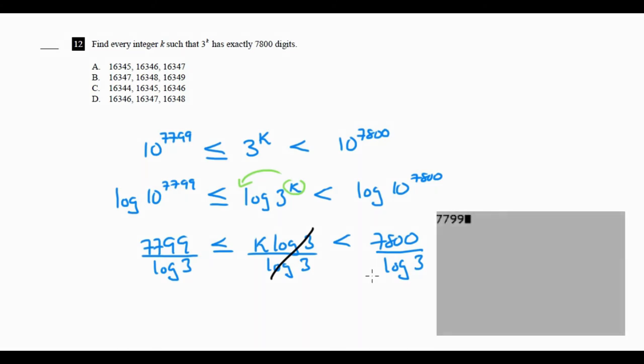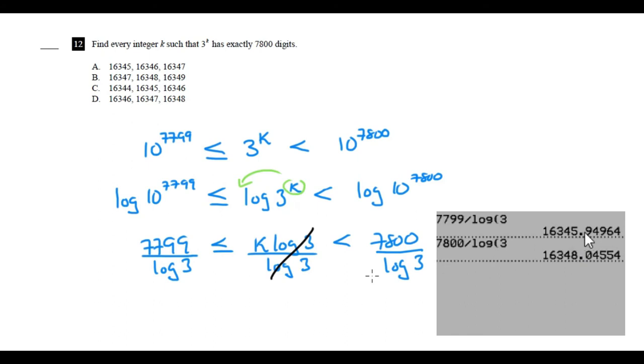Okay, so typing this into our calc, 7,799 divided by log of 3, check that number, and then 7,800 divided by log of 3. We need to pick all integers in between these numbers. Of course, it can be equal to that number. Well, since it's not an integer, that's not an issue.